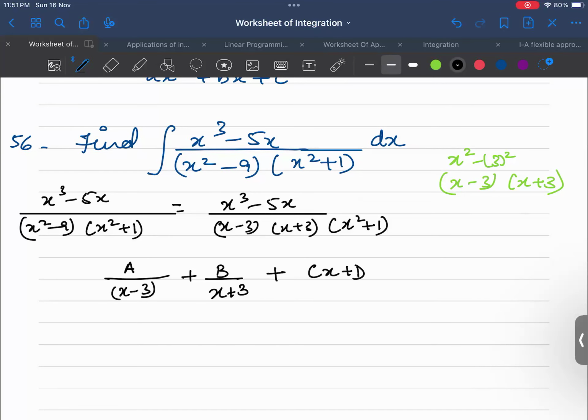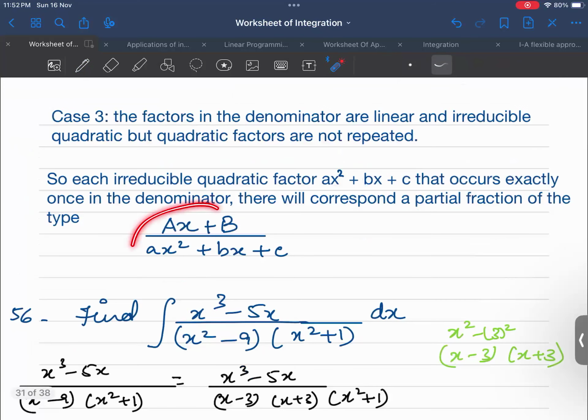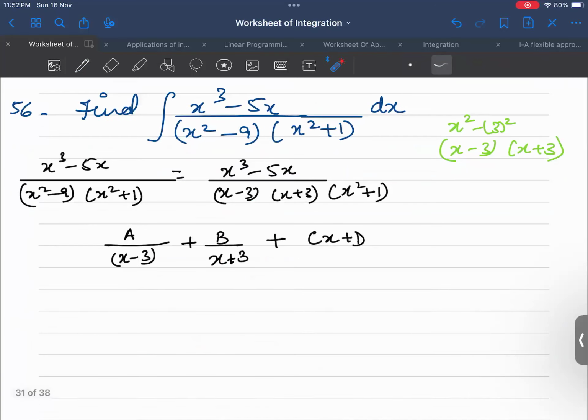Whenever it is quadratic, we use ax plus b type upon the quadratic. These two were linear, so we used only a and b. But when it is x square, which is quadratic, we use cx plus d divided by x square plus 1. I think this point is clear.